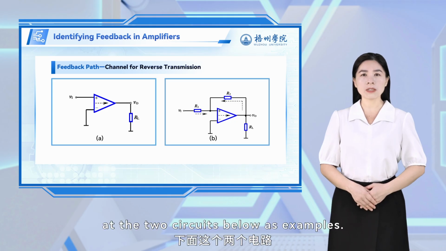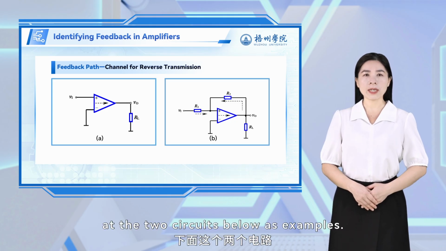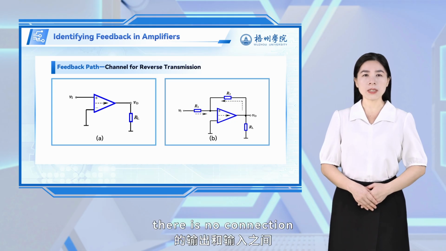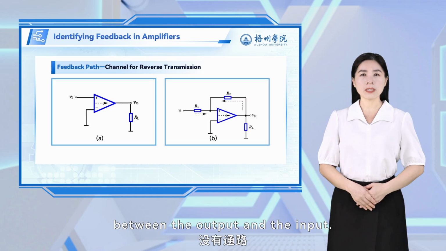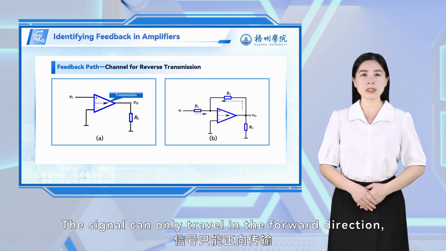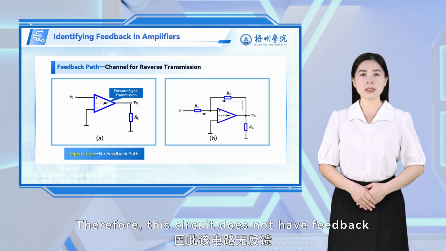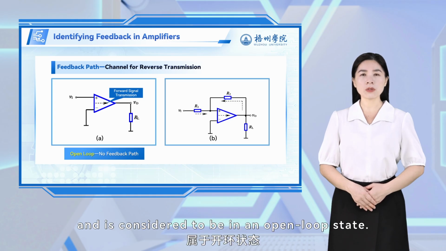Let's take a look at the two circuits below as examples. In circuit A, there is no connection between the output and the input. The signal can only travel in the forward direction, with no reverse transmission. Therefore, this circuit does not have feedback and is considered to be in an open-loop state.